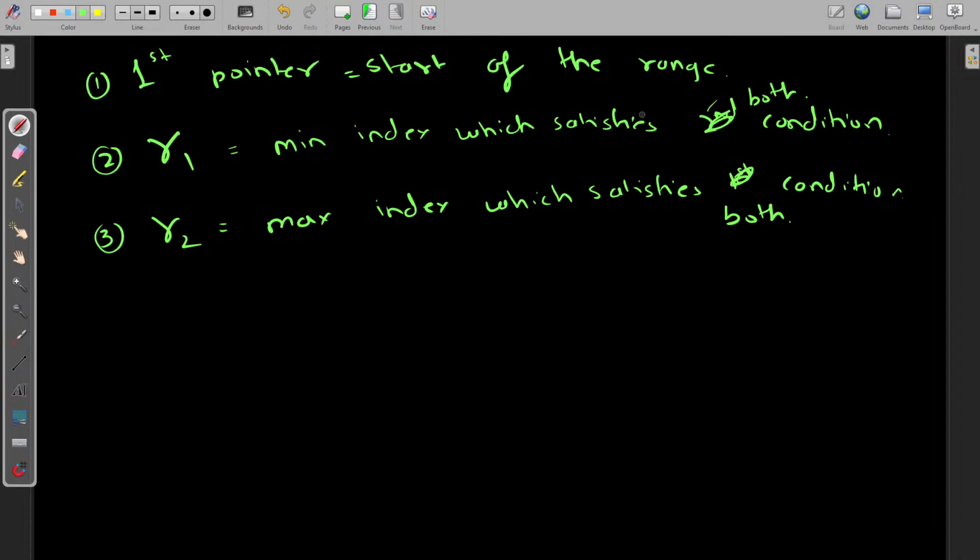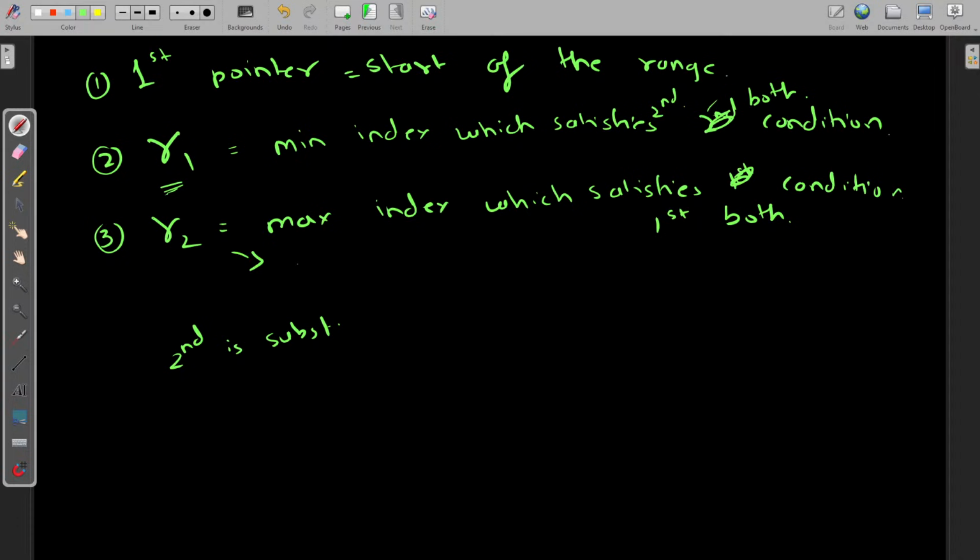But actually, here we are focusing on the first, and here we are focusing on the second part. It actually satisfies both of these conditions, because the second is a subset of the first, so if the second is satisfied, then the first is also satisfied. And since R1 is the minimum, anything which comes ahead of R1 and satisfies the first condition will also satisfy the second condition.